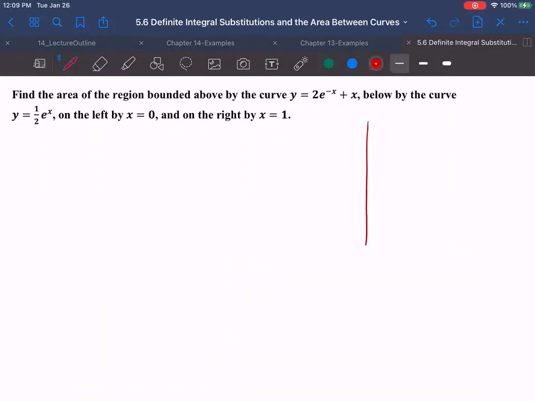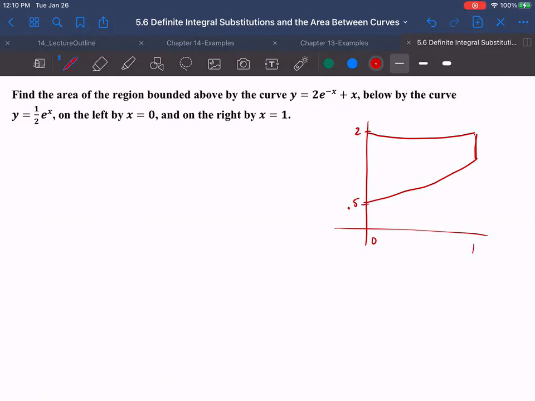So our graph is going to look something like this, and then this kind of a thing. We're going from 0 out to 1, right? And then this is at 0.5, and this up here is at 2. Okay?